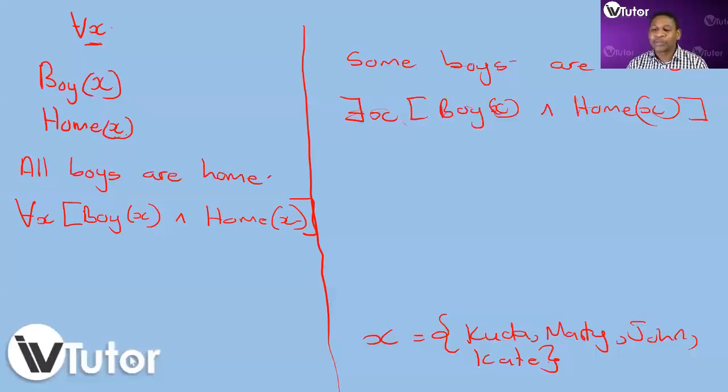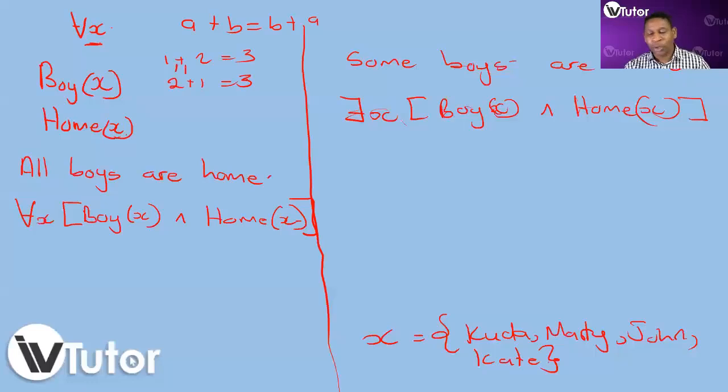And this stems from the fact that the conjunction specifically is commutative. So commutative meaning something like this: a plus b is equal to b plus a. So we say addition is commutative. 1 plus 2 is equal to 3. 2 plus 1 is equal to 3.